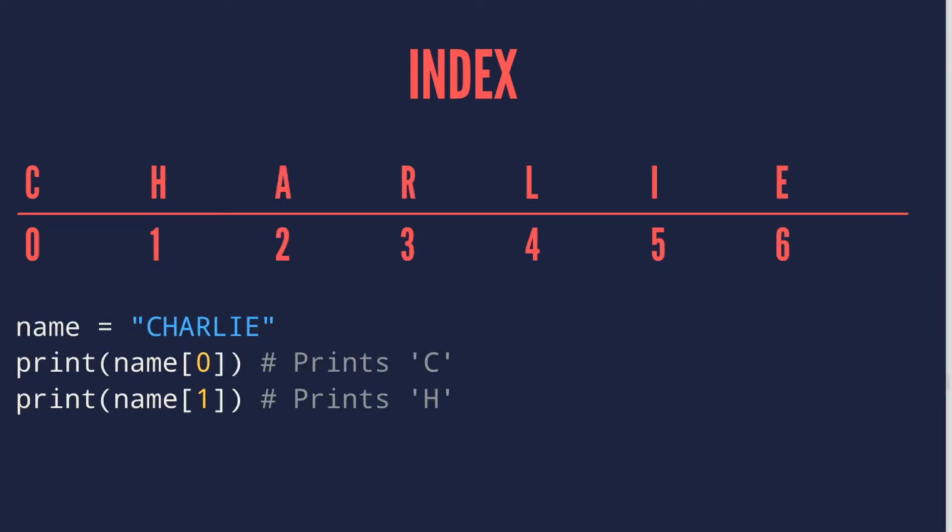So here we have another string, and this one is Charlie. We've got name equals Charlie, and if we want to find out a particular element of that string, we can use the index. So if we do print name square brackets, so we use square brackets for index, and it's 0, it would print C. If we did print name square brackets 1, it would print H. So if I said print name square bracket 4, what would be printed?